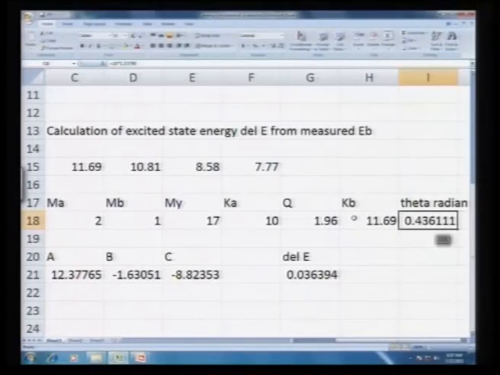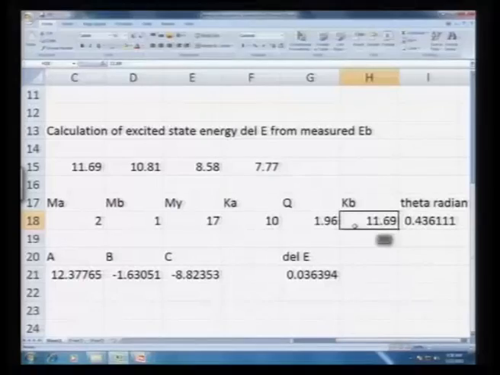I have taken a situation in which the detector is placed at 25 degrees from that incident direction, and it is picking up the outgoing protons, and suppose the proton kinetic energy it has measured is 11.69. So, for the particles for which the kinetic energy is measured this much, what is the corresponding state of this Y particle?